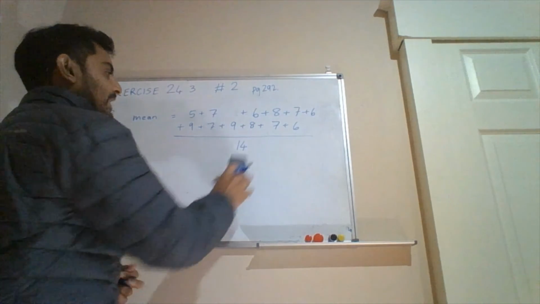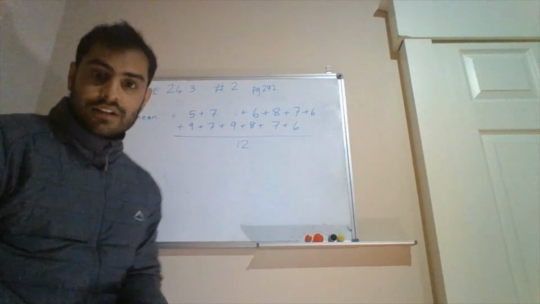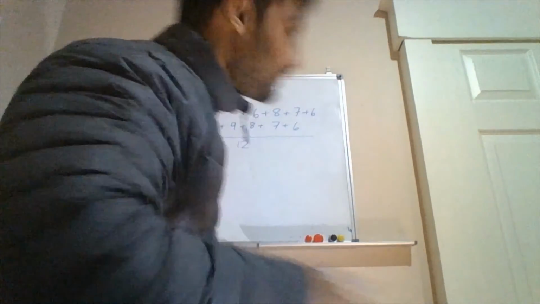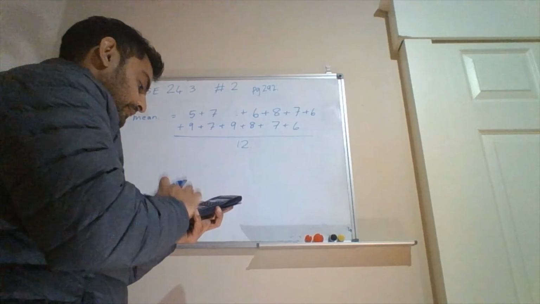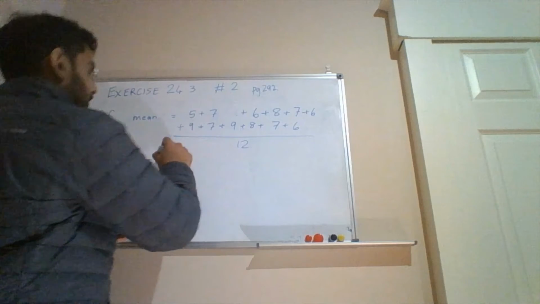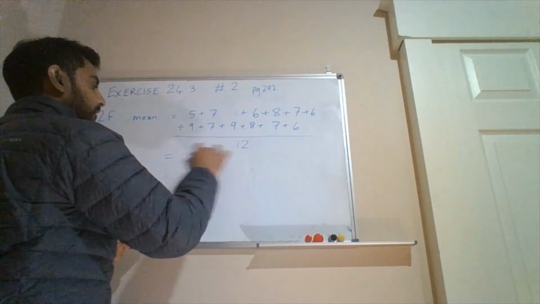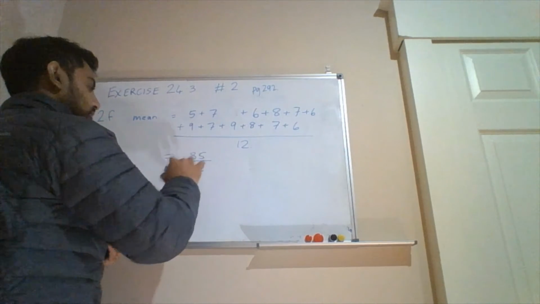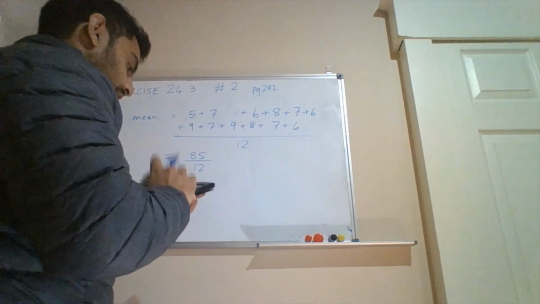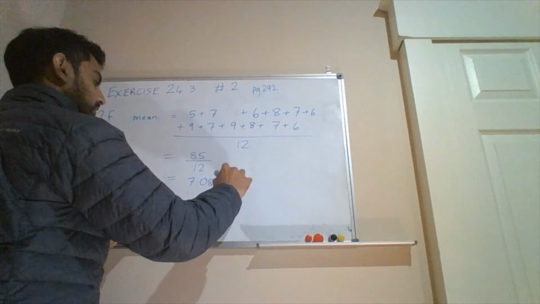And because we're taking away 2 values, we're now just dividing by 12. Let's see what this gives us. So our numerator at the top is 85, and we divide it by 12, which gives us 7.08 cubs.